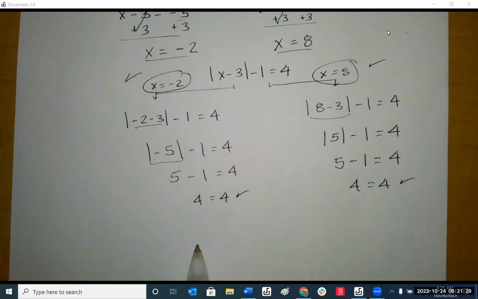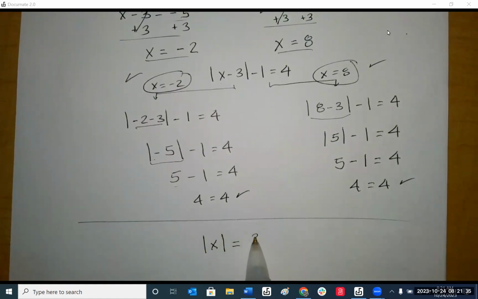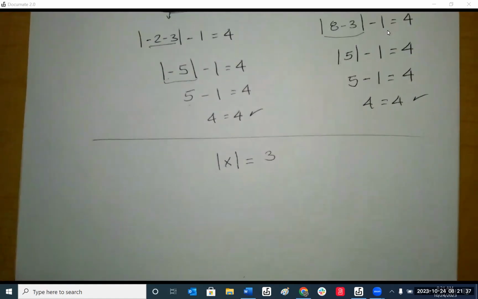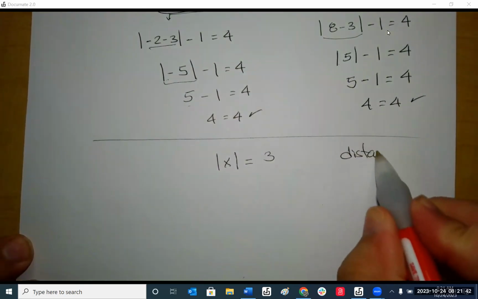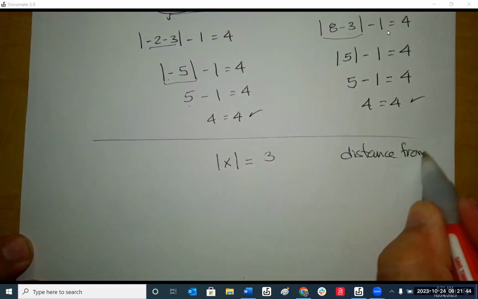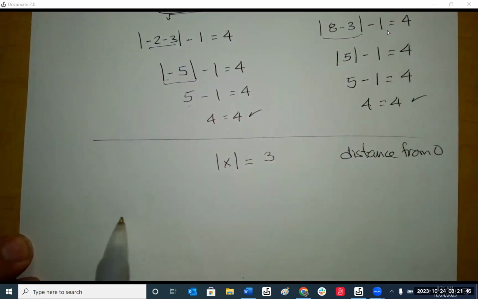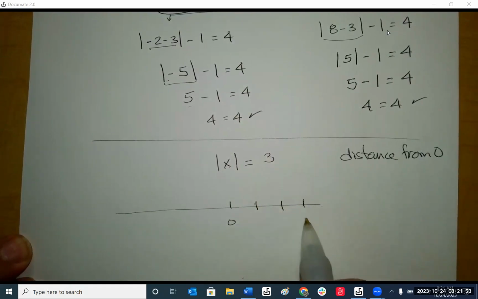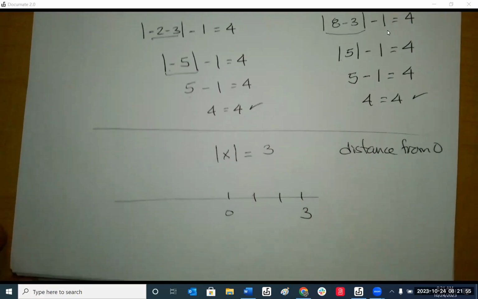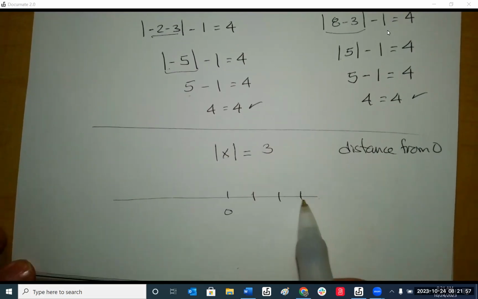Now, again, when I say that absolute value of x is equal to 3, again, it's a distance from 0. There is 0. Three is that far away.